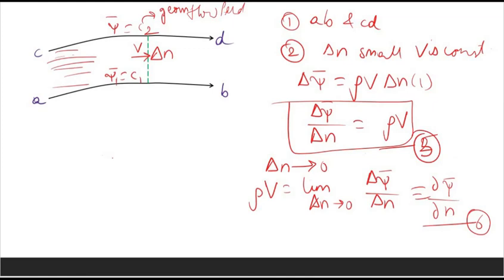Correct? What does this equation 6 depict? What does it say? That in case we know the value of psi bar, then we can obtain the product rho V by differentiating in the normal direction. If we know the value of this particular term psi bar, upon differentiation in the normal direction, we get the value of rho V. Correct?